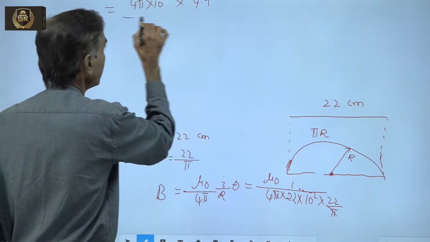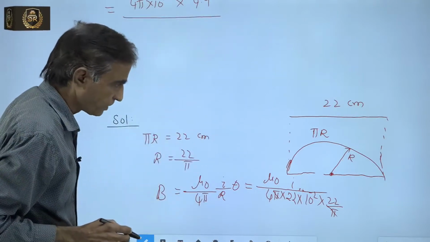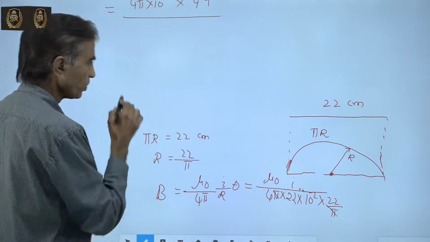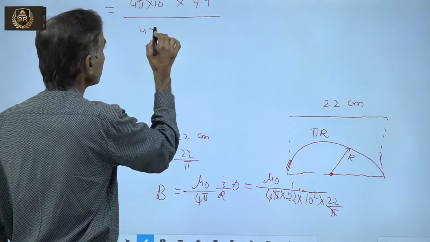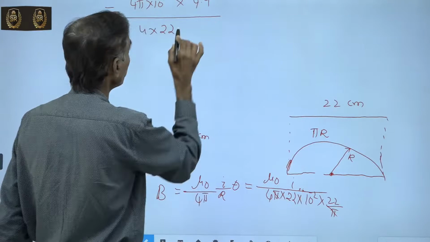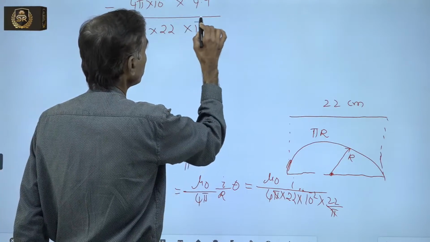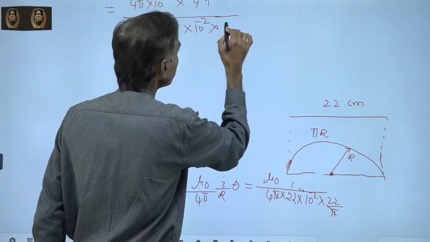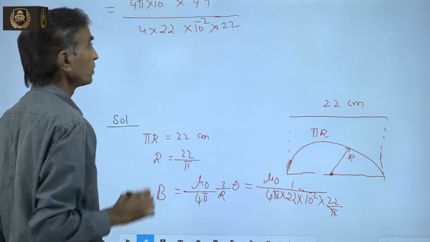So divided by 4 into 22 into 10 power minus 2 into 22 here.